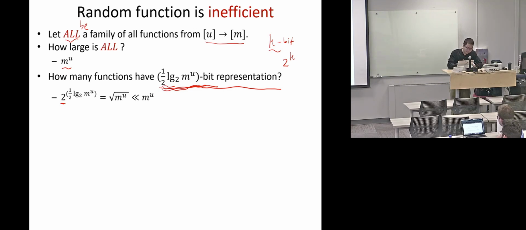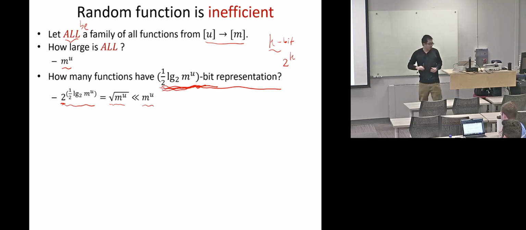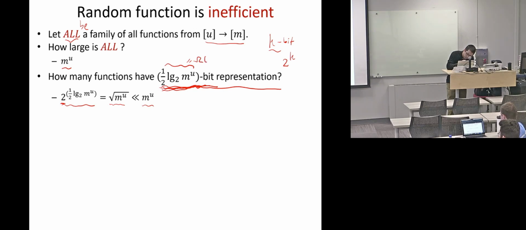So if you have this many bits, there are this many functions that can be represented using this many bits. And what is this? It's something like square root of M to the U, which is much less than M to the U, of course. And how big is this thing? This is basically U log M. You see?